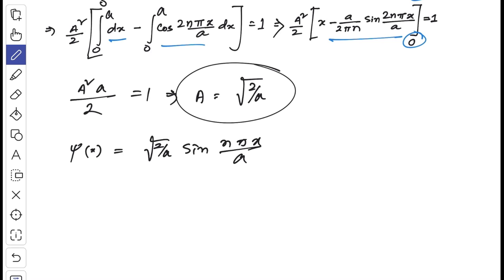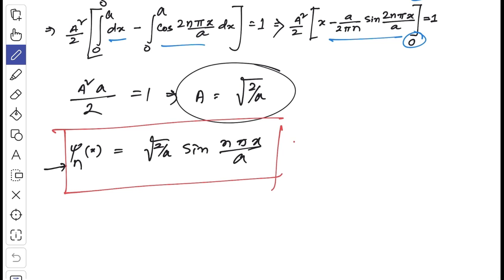In general we can write it as psi n of x, where n means nth level. Okay, so this is the normalized wave function. Now if we represent it graphically, let me show you the graphical representation of this.